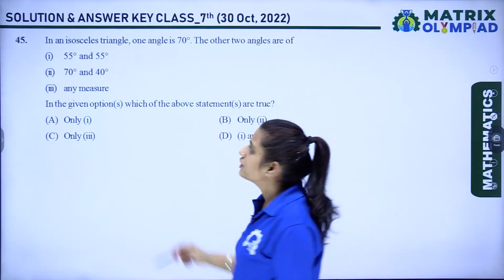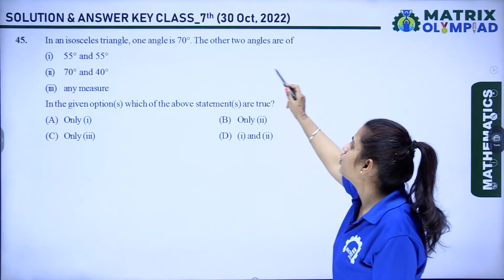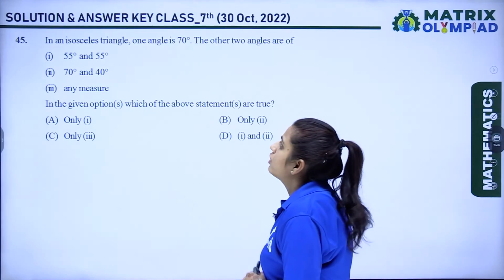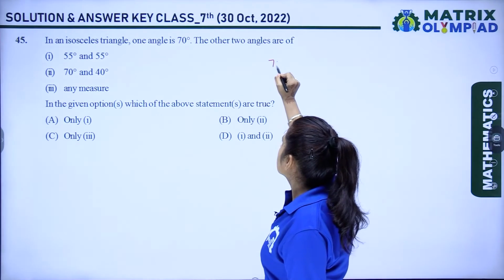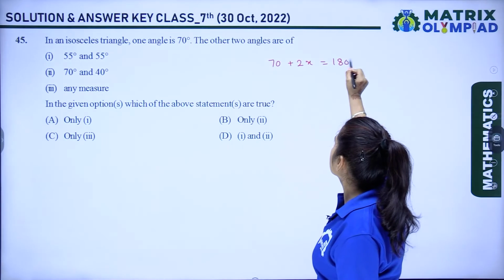Now the next question is, in an isosceles triangle, one angle is 70 degrees, the other two angles are. Here we have to find out the other two angles. If one angle is 70 degrees, the rest two angles will be 2x, that is equal to 180 degrees.